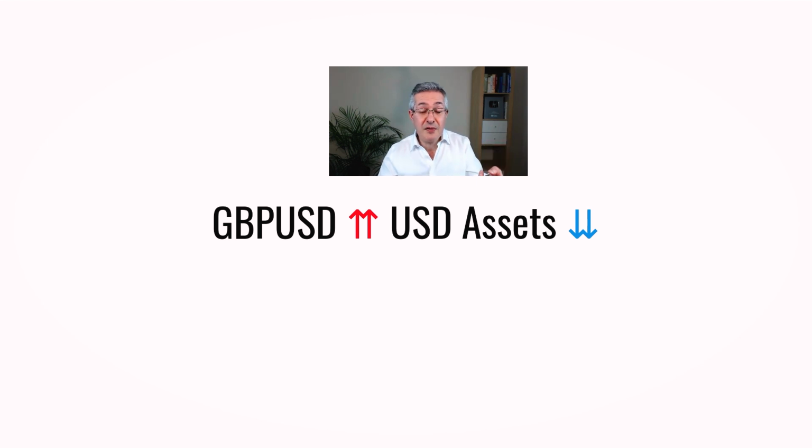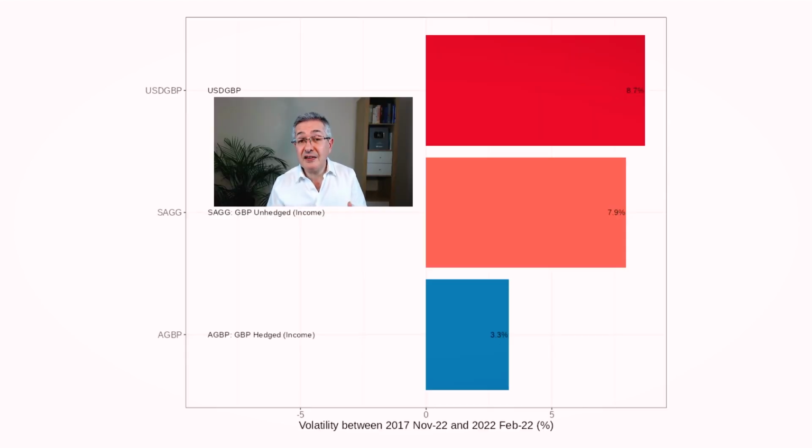Currencies move up, they move down, and actually they move more than the underlying bonds in the bond fund. That's often the case. So what I've plotted here is the volatility. That's the typical annual percentage price move for currency, in this case, the dollar versus sterling. And there you can see that it moves on average around 9% per year. Now beneath that, I've shown you the unhedged version of this global aggregate fund for UK investors.